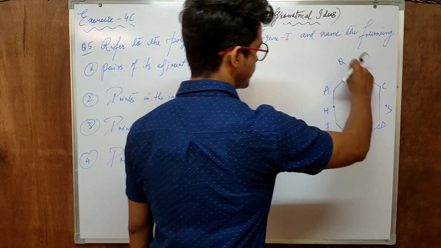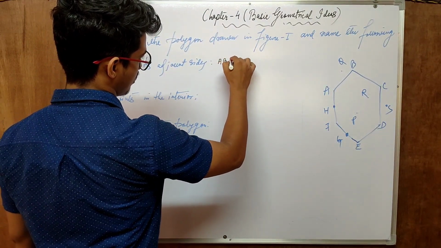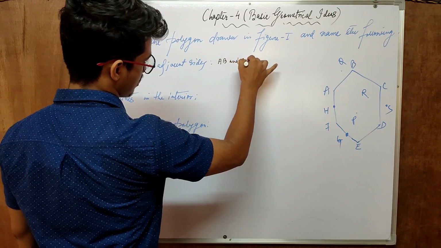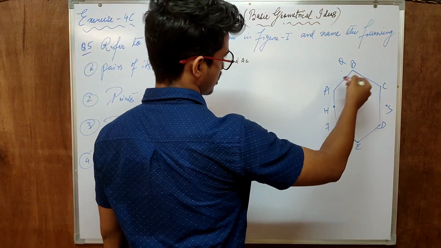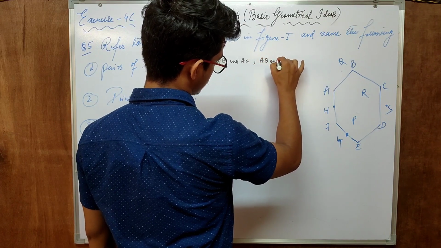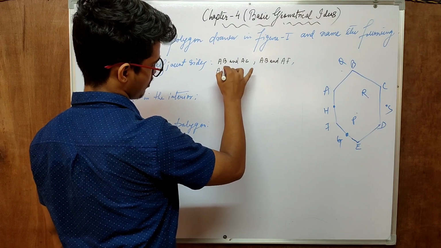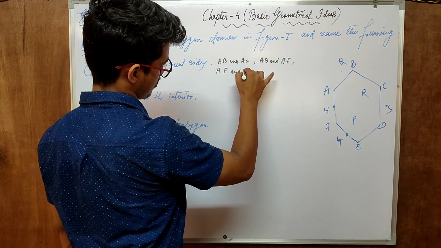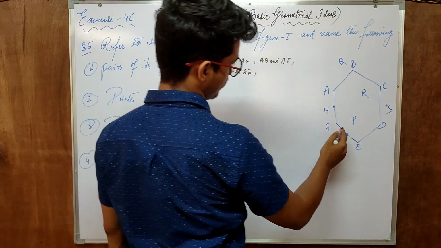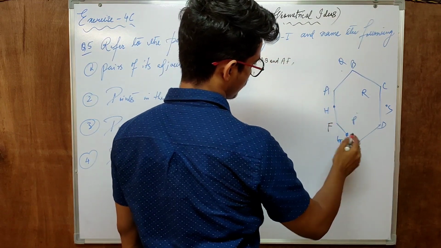So here AB and AC are the first pair. Second one will be AB and AF. Third one will be AF and AE. Fourth one will be AF and FE.